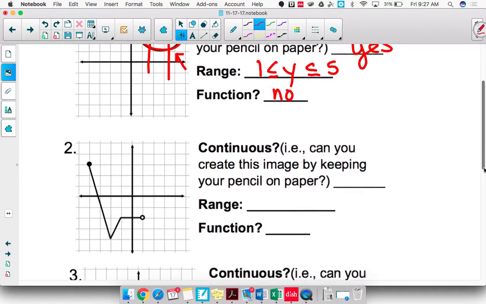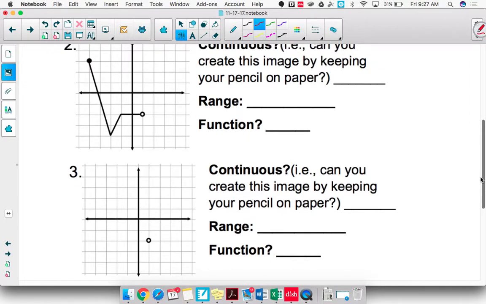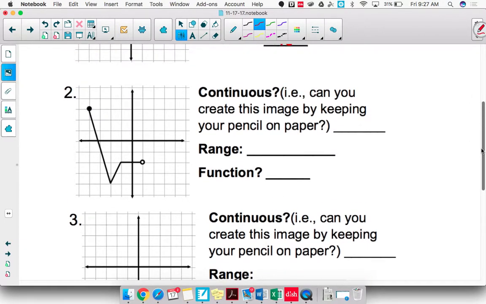All right, we'll do a couple more here. So on number 2, we have definite high and low values, and it's not just where the endpoints are. It's literally the lowest part on the graph and the highest part on the graph. So here, the lowest value occurs at -4 on the y-axis, and the highest value occurs at 3.